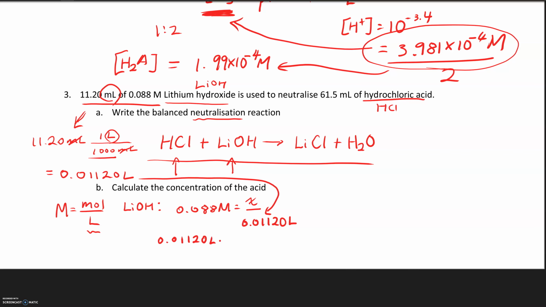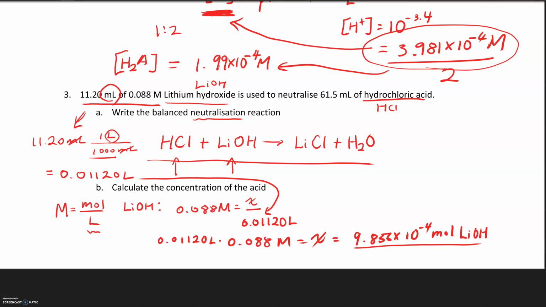And when we do this calculation, we should hopefully get 9.856 times 10 to the power of -4 moles. All right. Now, this is going to be moles of lithium hydroxide.